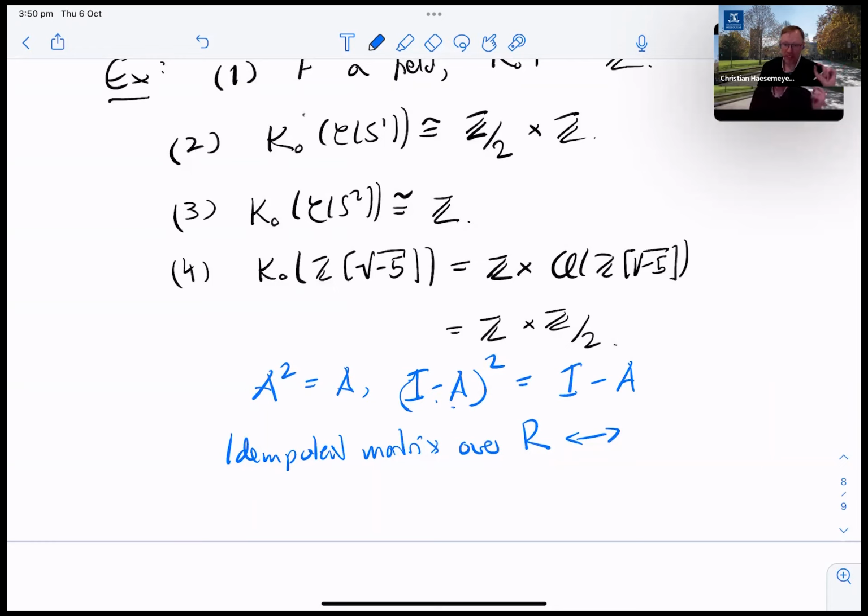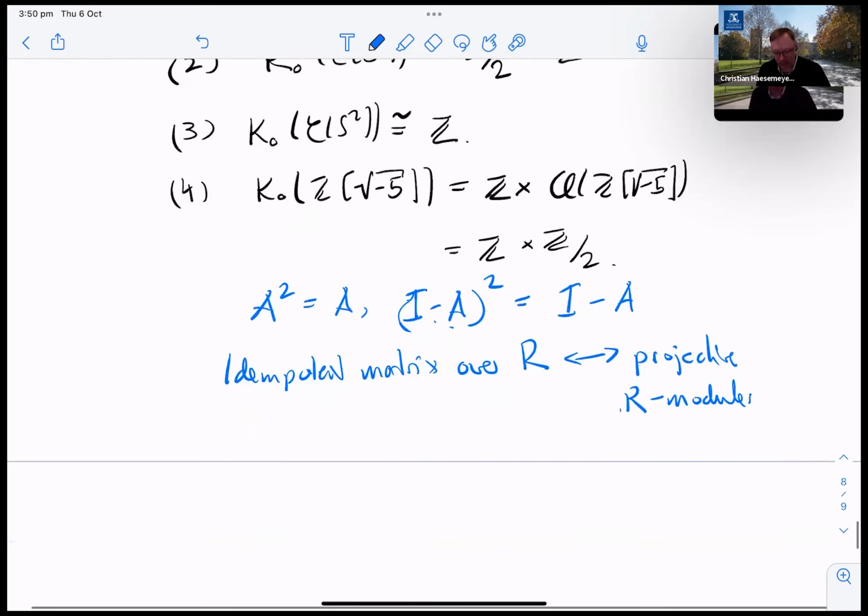So this idempotent matrix decomposes R^n into 2 pieces, and those pieces are called projective R modules. So idempotent matrices up to conjugacy are basically the same as projective modules up to isomorphism.